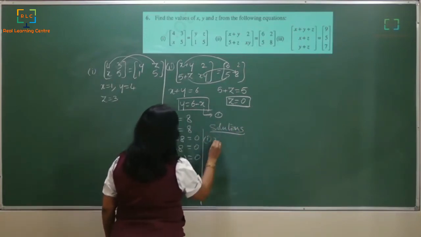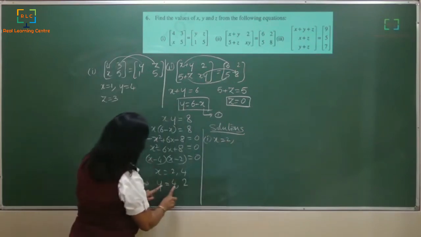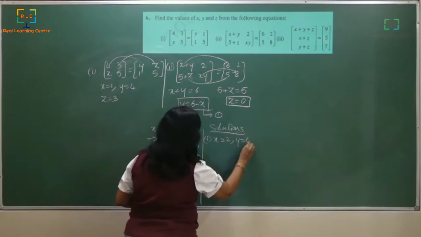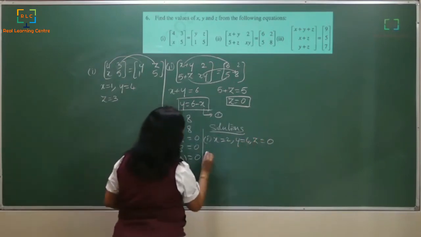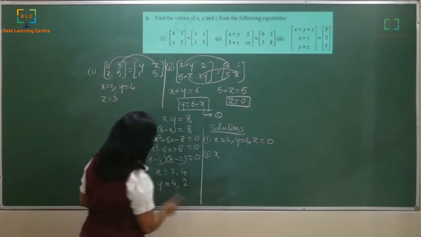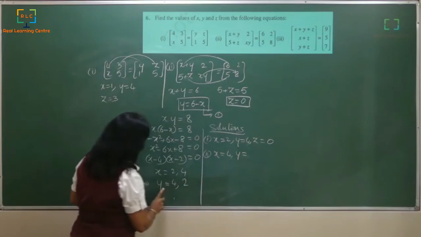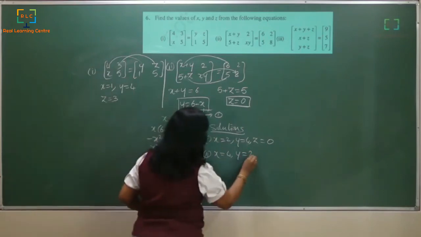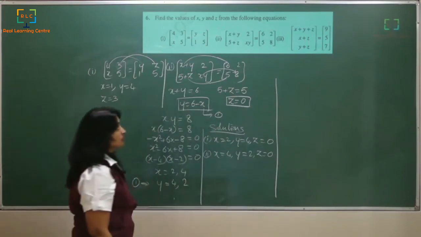One solution is x equal to 2, then y will be equal to 4, and z is already equal to 0. Similarly, the second solution will be when x is equal to 4, y is equal to 2, and z is obviously equal to 0 once again. And we go to the next one.